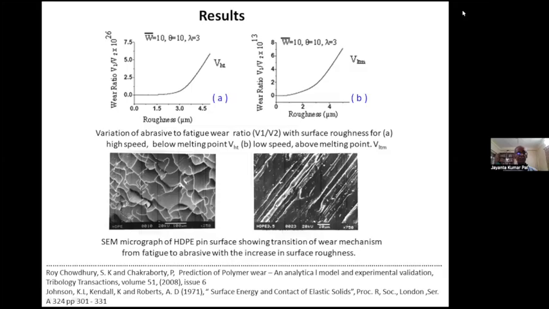So the left-hand side micrograph is for fatigue wear. As the roughness rises, abrasion takes over, and we can see abrasive marks on the surface of the pin. So this is a clear transition from fatigue to abrasive wear with the rise in roughness.